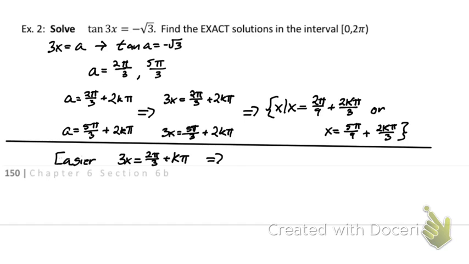Which would have then given us x such that x equals 2 pi over 9 plus k times pi over 3. Both of those are the exact same answer. This one's just a little easier. If you're like, oh, tangent values are straight across from each other, combine these two into just one, where you take the first angle and you add pi to it.